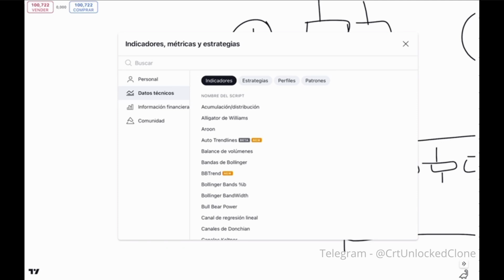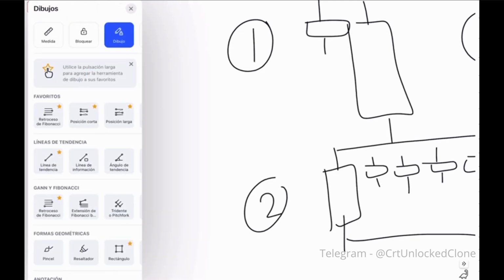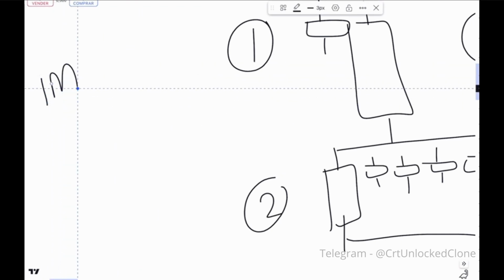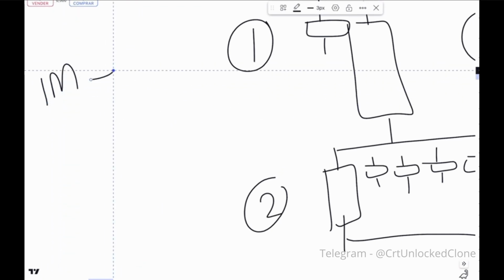A monthly candle, monthly CRT, you're going to look to go down to the daily or the 4 hour Model 1, right?